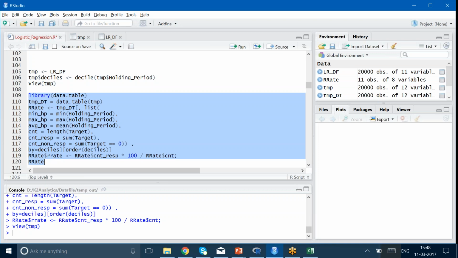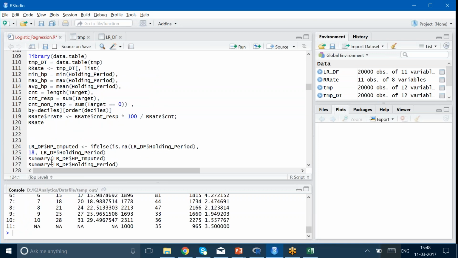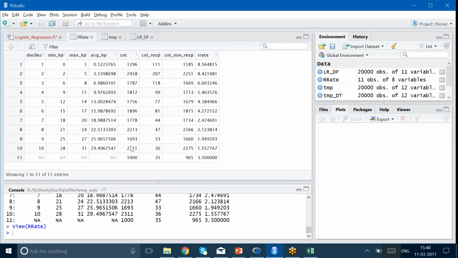We'll see the output of what aggregation has happened. Probably rather than showing it like that, I'll show it in view. The question is: can't we simply impute by mean or median? No, we have to take the target also into account. We cannot directly impute the mean. I'll explain why.